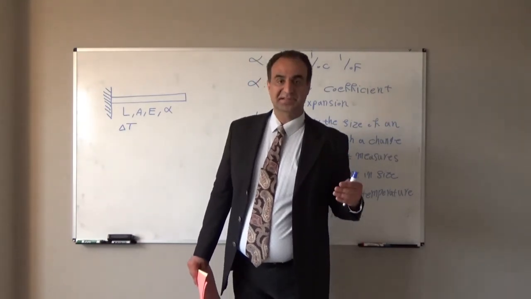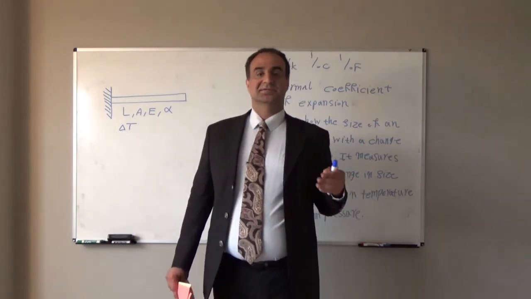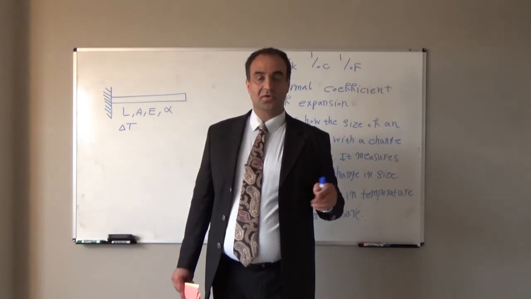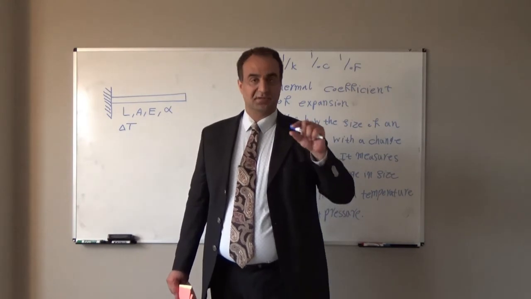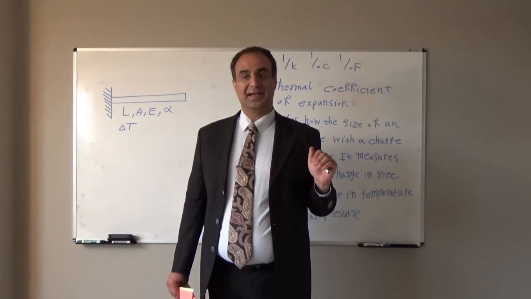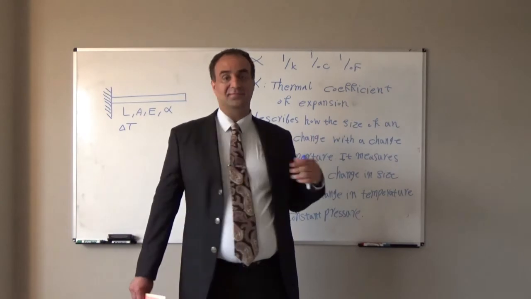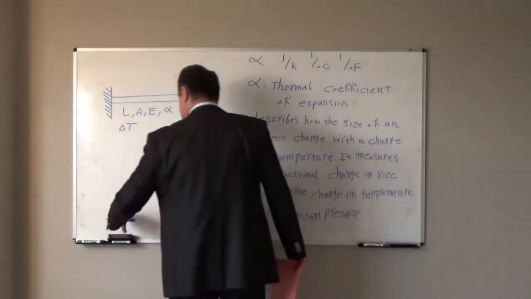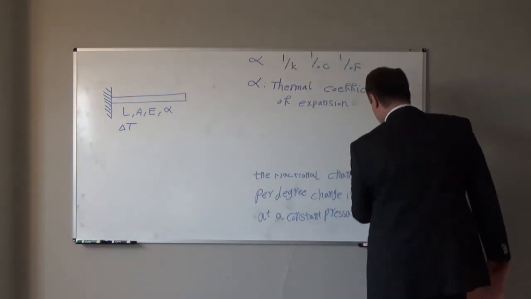We can do a simple experiment and measure alpha, but we have a lot of tables, especially in the appendix of mechanics of materials books. You go to the material name, for example copper, different types of steel, or brass, and you will find alpha for that material. So if we know the material, we can find alpha, or measure it using a simple experiment. Maybe in future I will explain that. Anyway, alpha is a known value.